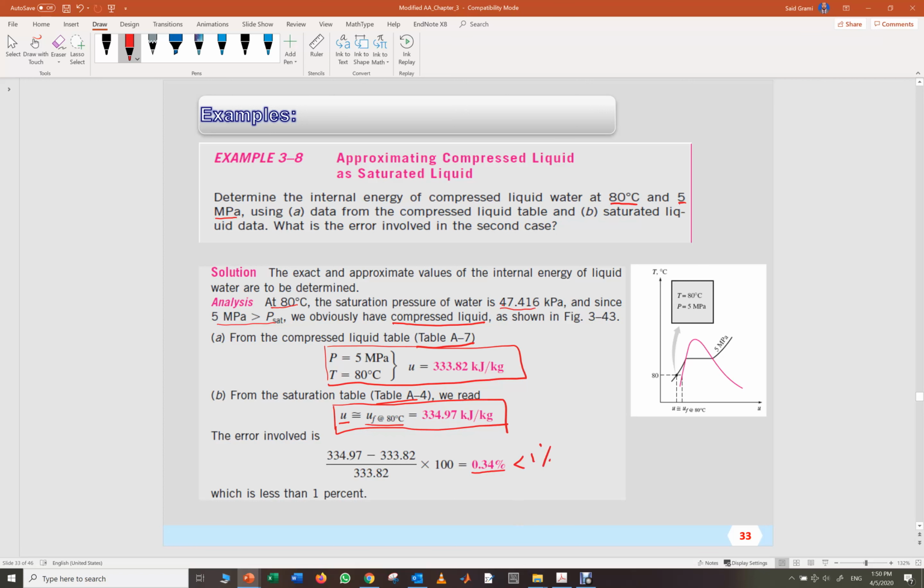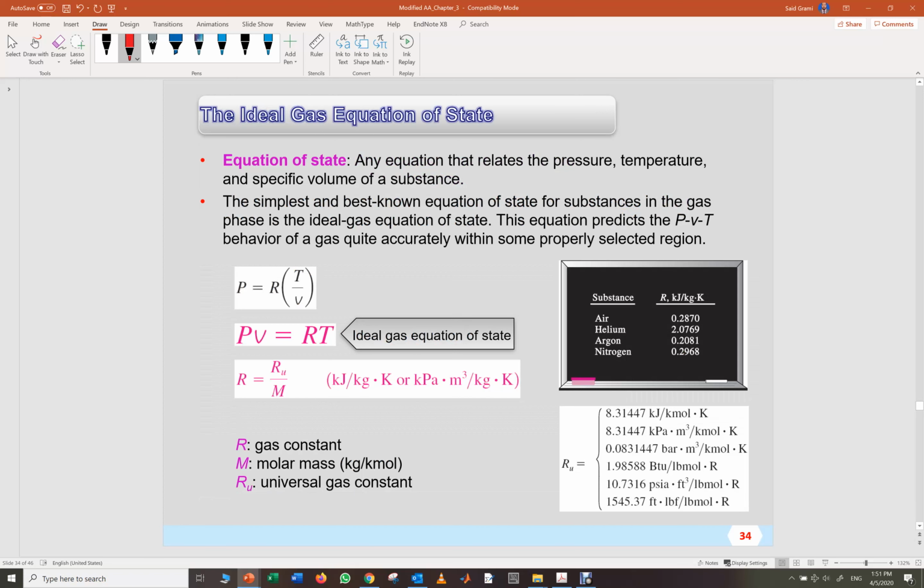So there is no big error if we approximate compressed liquid by saturated liquid. That means this region is approximated by the point here, saturated liquid, with an error less than 1%.